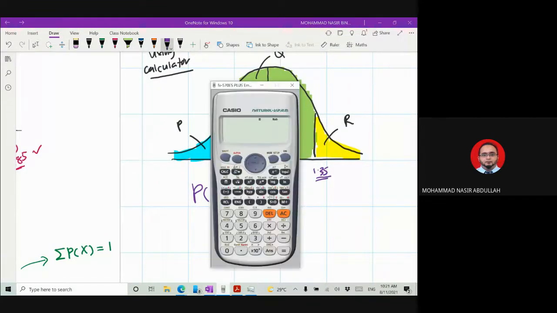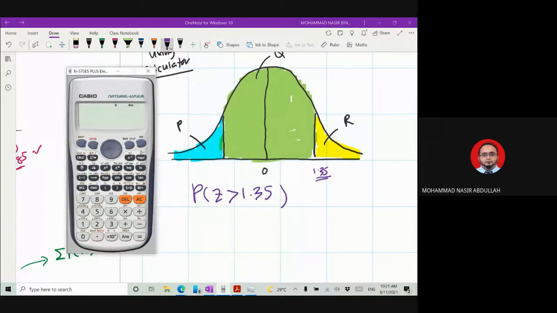So now to use calculator, first you need to click on mode and find stat number 3 and it will come out like this. We are familiar with this from the last chapter. But in this stage we don't want to click any of these values. We just click on AC and we need to make sure at the top it says STAT. Now we click on shift 1 and click on 5, which is distribution.